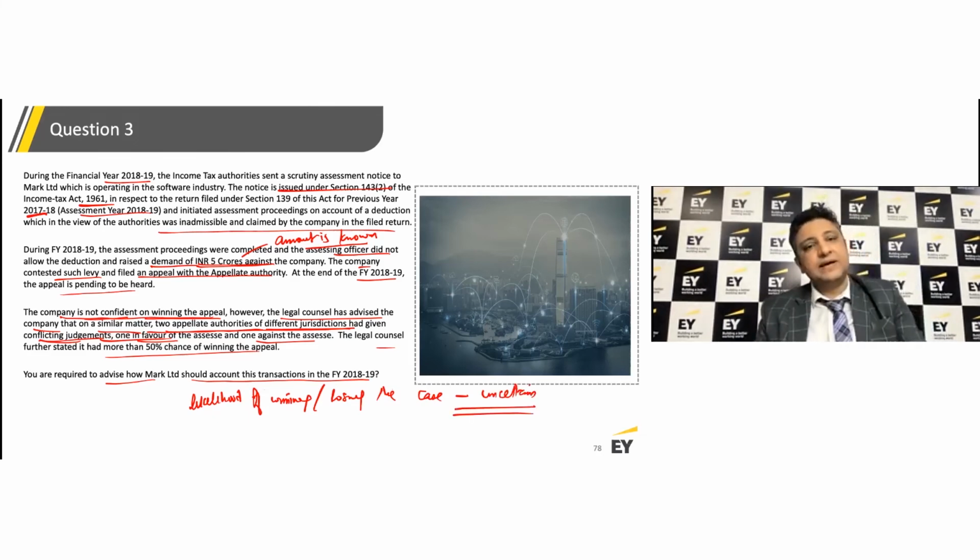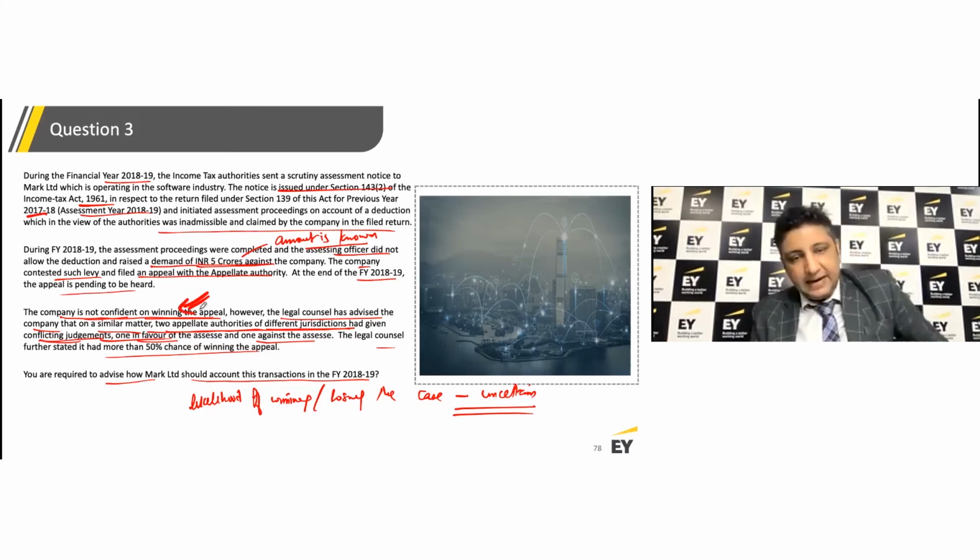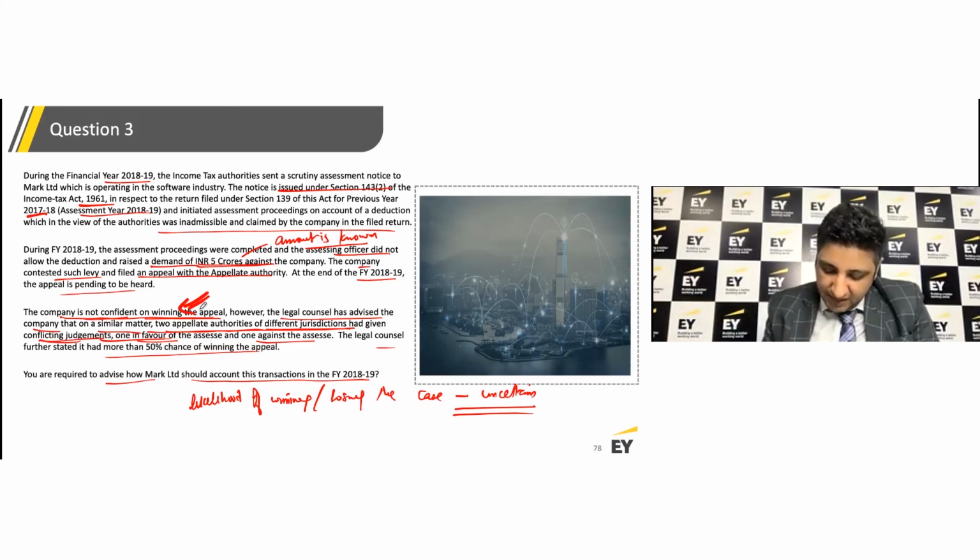So you need to bring in the expert's opinion, the legal counsel opinion, to arrive at the probability of winning or losing. But again, since the facts suggest that the company is not confident, and there have been instances where it can either go in favor or against, the case can go either in favor or against Mark Limited.